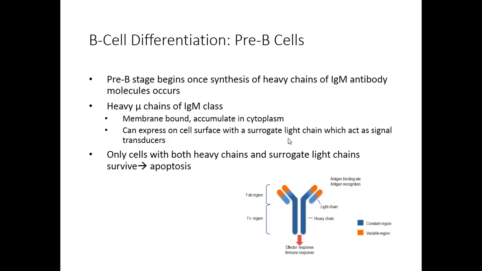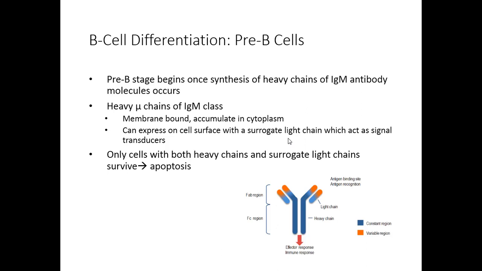So the pro-B cell had passed, did the heavy chain rearrangement thing work to move it into the pre-B stage? The pre-B stage started synthesizing heavy chains. The surrogate light chains are there.